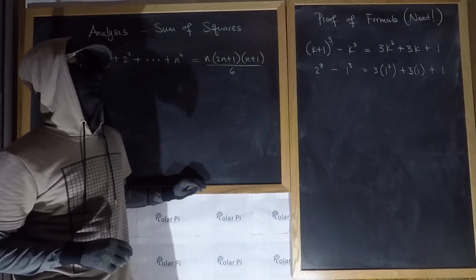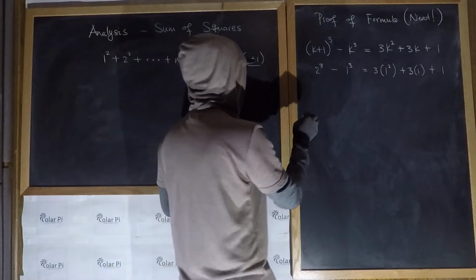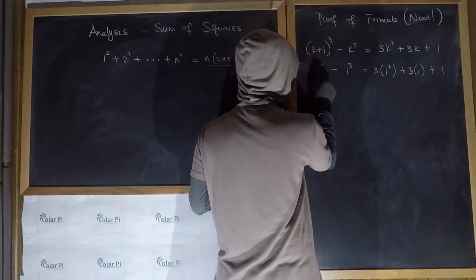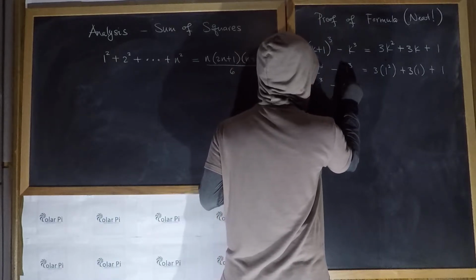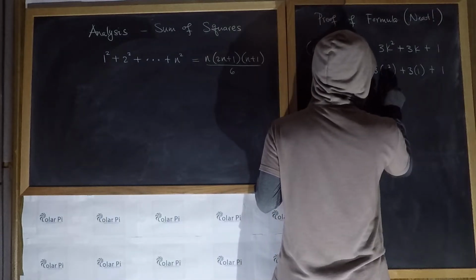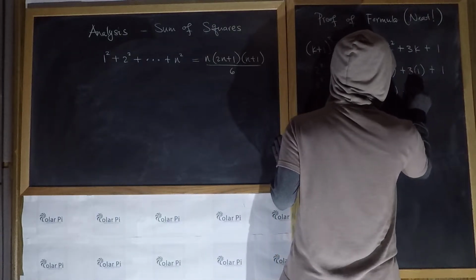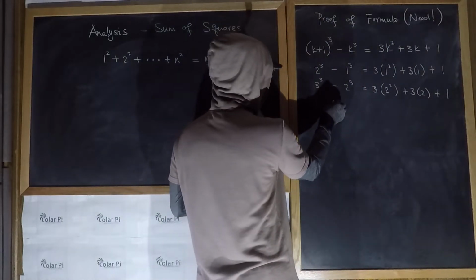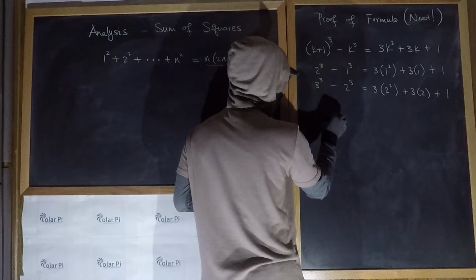That's when k is equal to 1. What about when k is equal to 2? When k is equal to 2, we get 2 plus 1 cubed, so 3 cubed minus 2 cubed, is equal to 3 times 2 squared plus 3 times 2 plus 1. On and on and on.